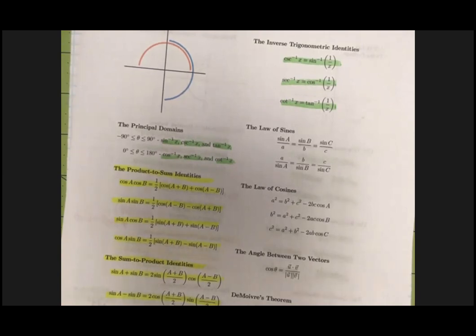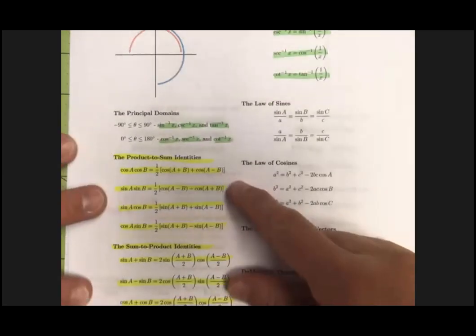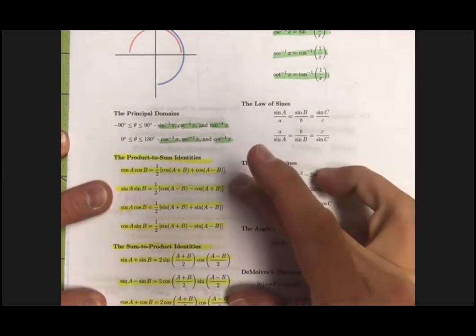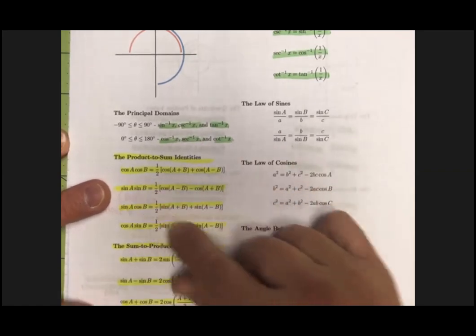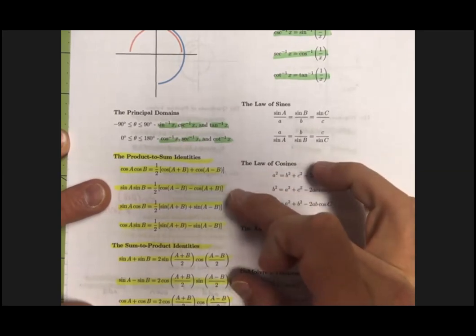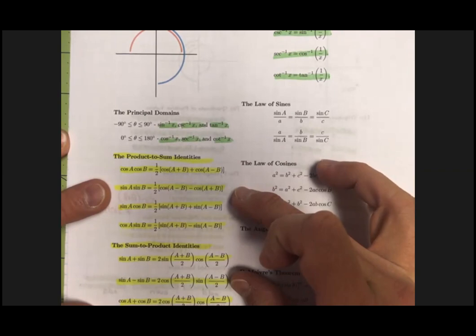So let's go back to our paper. The trouble with this product of sum to product identities, look at this. You got 8 identities, combinations of sine and cosine to drive you crazy. So you don't memorize these. You just remember where to look for them. And then you can use them in that manner.